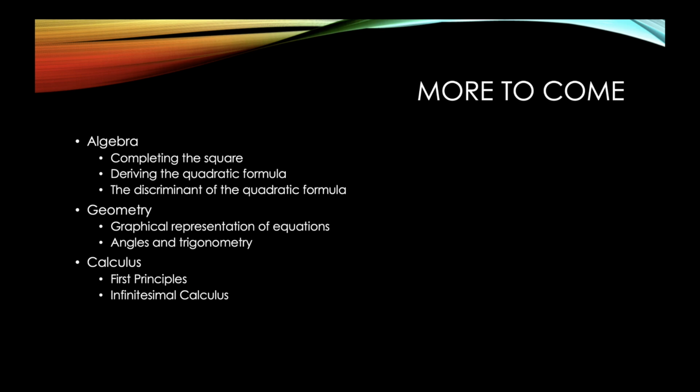Following completing the square, we'll also try and tie it up to a real life example where we may use this. And then we will also look at deriving the quadratic formula, and then we are going to inspect the discriminant of the quadratic formula, as that tells us some key information about the quadratic equation that you are solving.